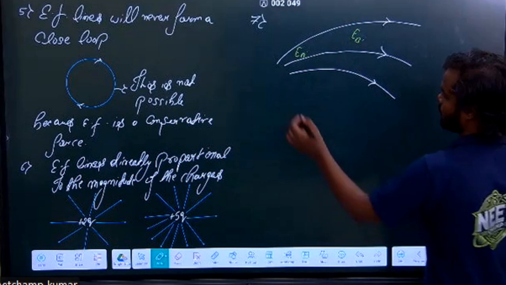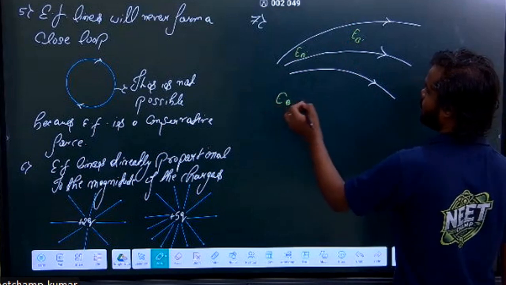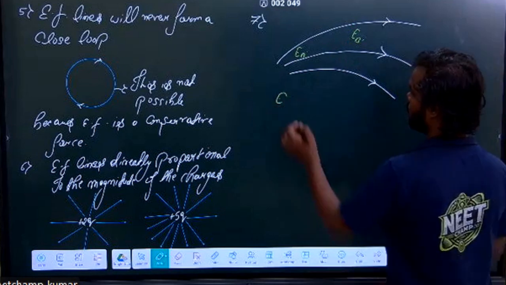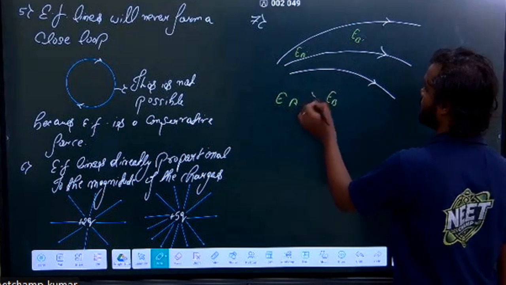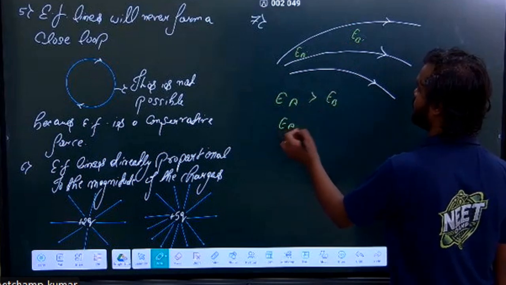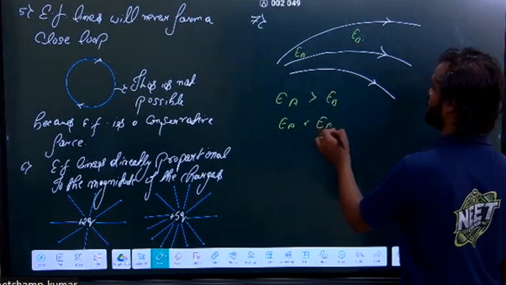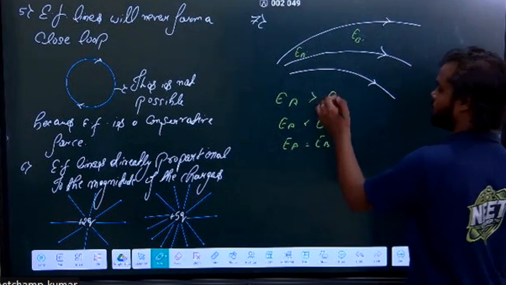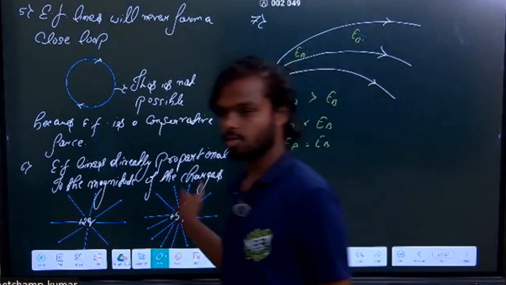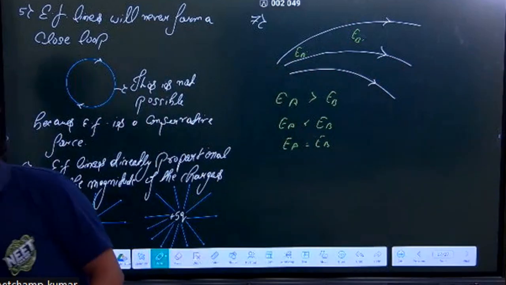Now you tell me, what is the relation between electric field at point A and at point B? Whether electric field at A is greater than B, whether electric field at A is less than B, or whether electric field at A is equal to electric field at B. Which one is correct? In first, second, third, which one is correct?